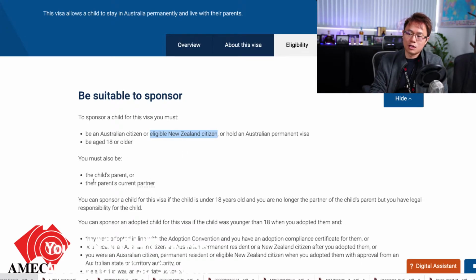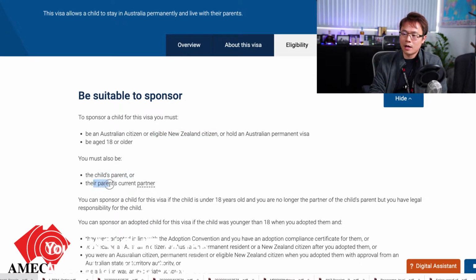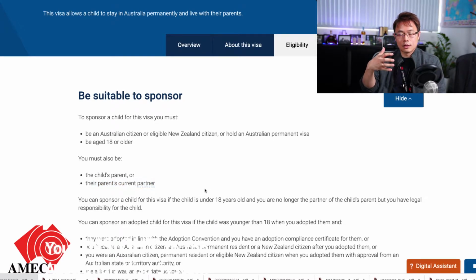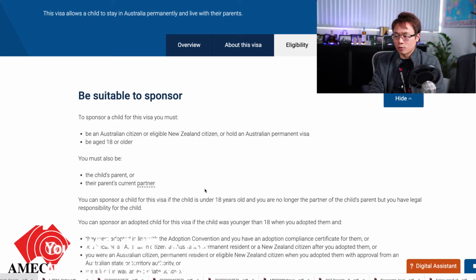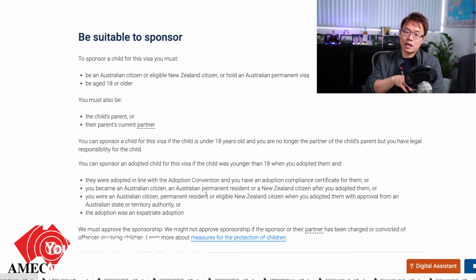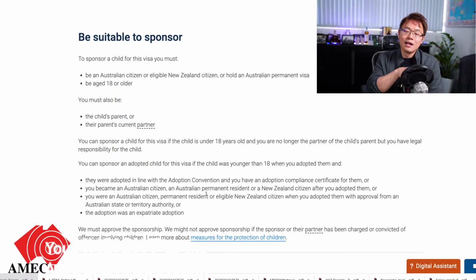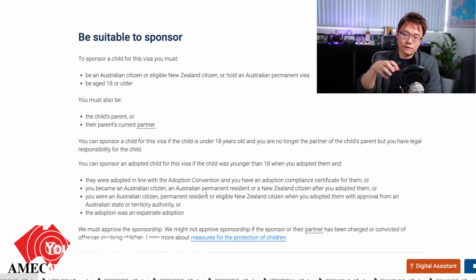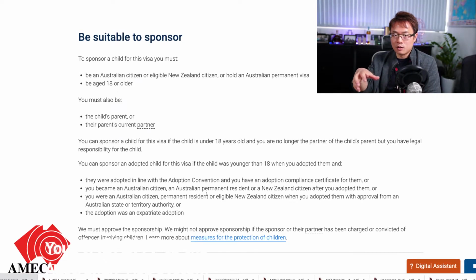So obviously you need to be the parent or the parent of the current partner. That's the general rule of thumb to become a sponsor. You may not even have lodged a partner visa, but if your partner is an Australian citizen or Australian permanent resident, they can sponsor the child to get the visa first. You don't need to wait for the partner visa.